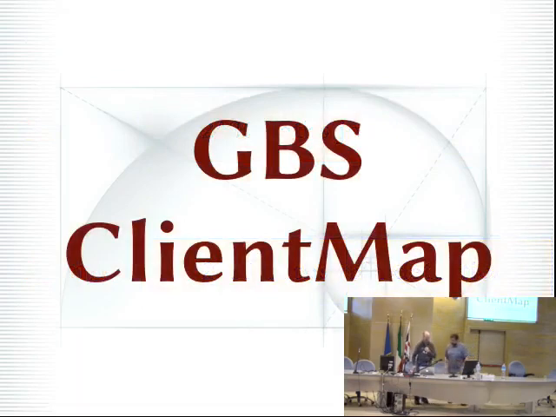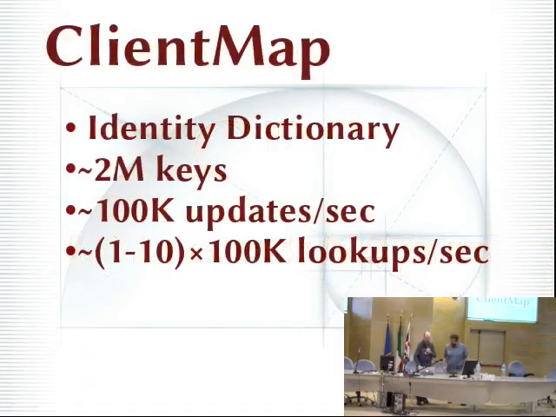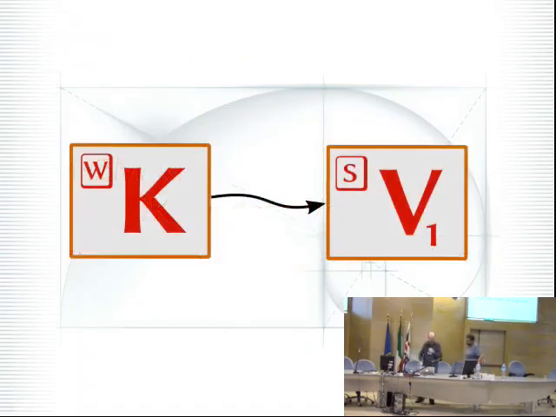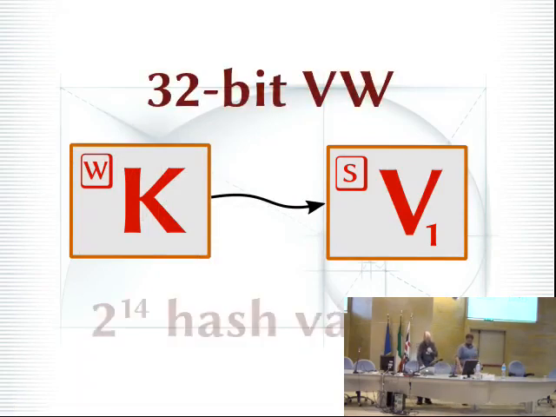Okay, and the last example, the GPS client map, which is sort of the inverse of the one I talked about before. This one is an identity dictionary. It has the same kind of things for speed and size. This one's a little different. It's in 32-bit VW again. The key is supposed to be weak, the value is supposed to be strong, always, fortunately.